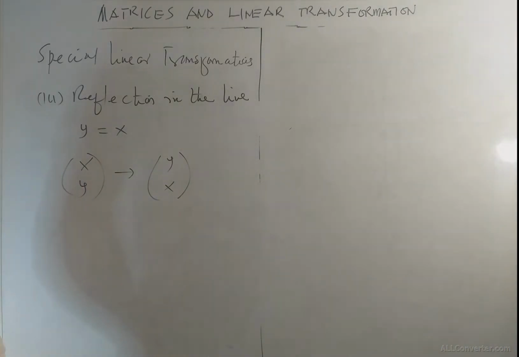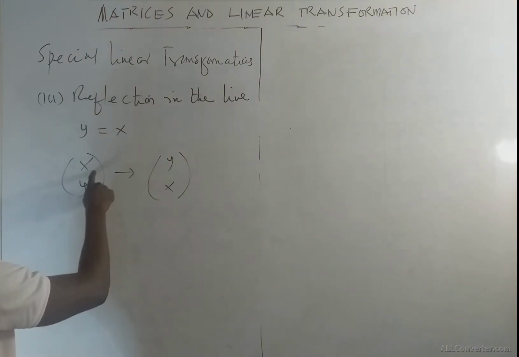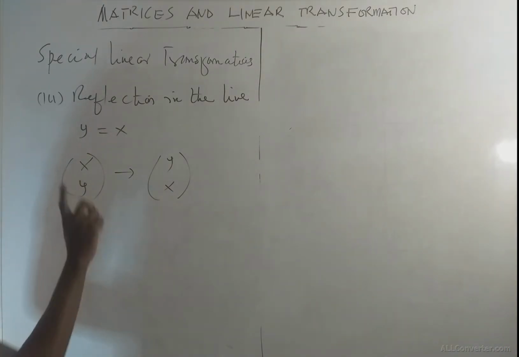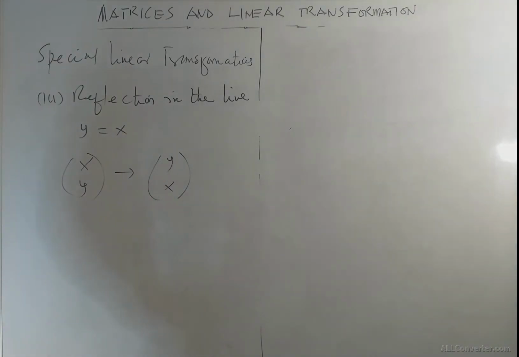That means that we interchange the positions of the x and the y. So if you have (x, y), this maps to (y, x). The y will be up there and the x will be down here. So the positions of the x and the y coordinates are interchanged. So that is reflection in the line y = x.